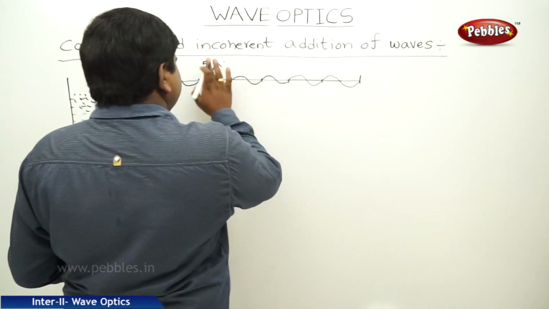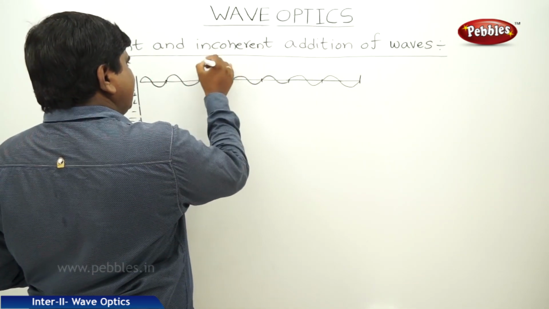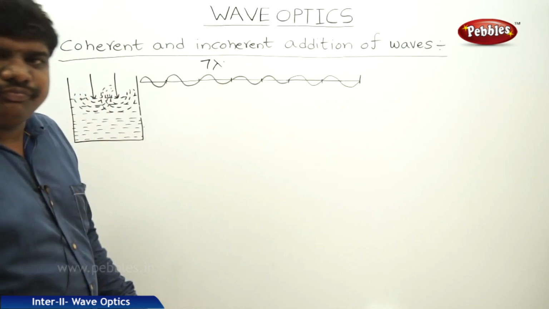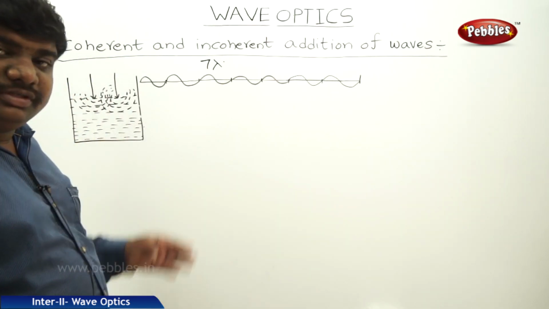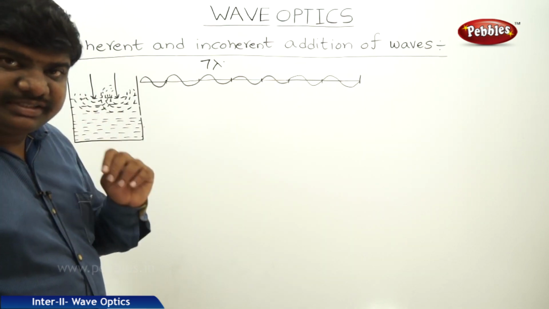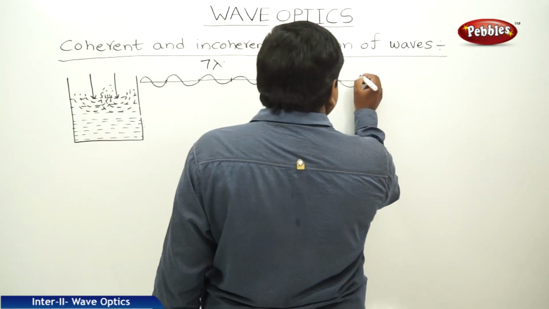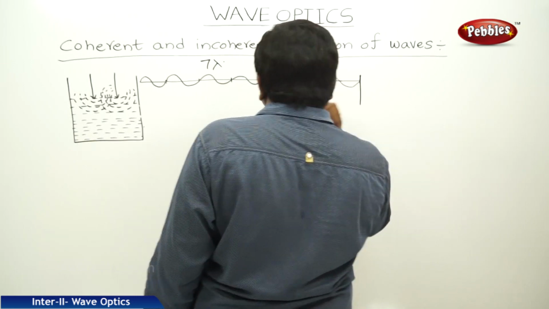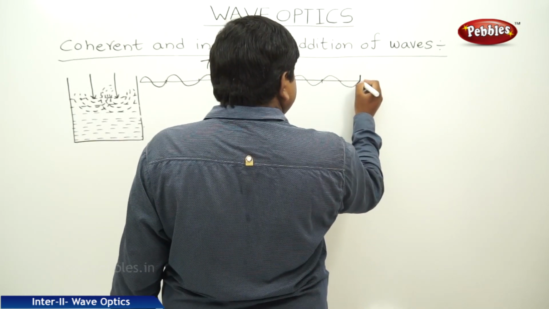Now the wavelength has become 7 lambda. Another source has produced the same type of wave pattern, in the same phase, maintaining the same constant phase difference, but in a different way.